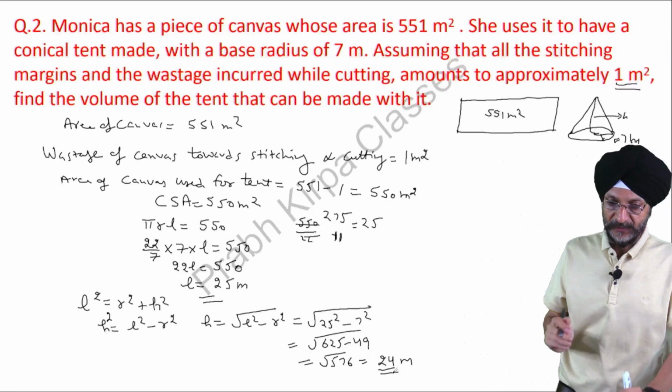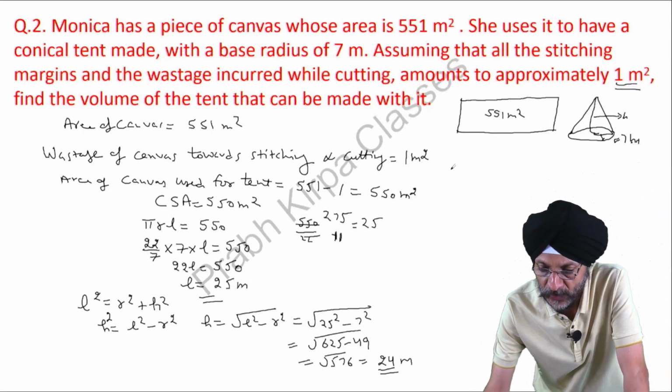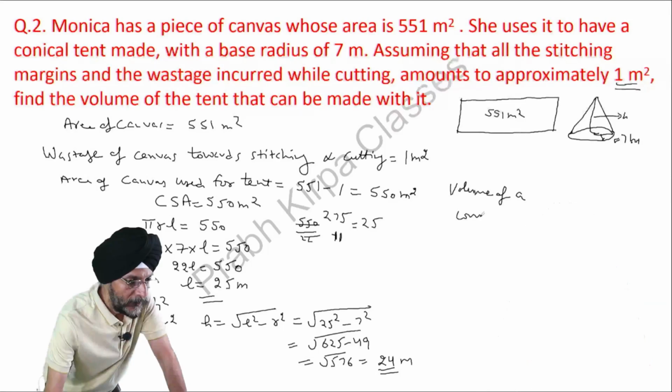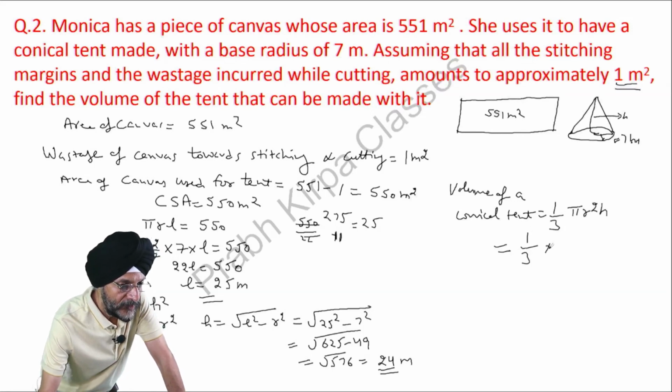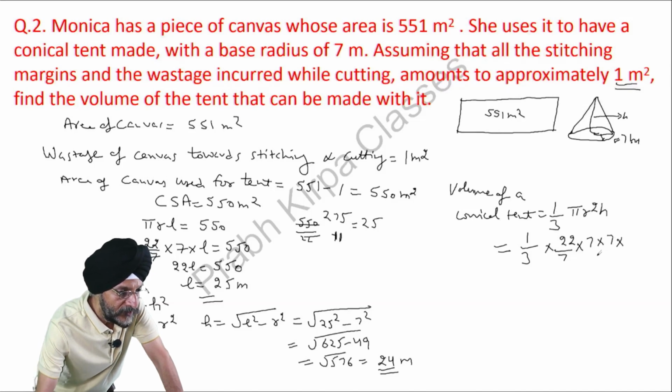Now we have before us the value of radius, the value of slant height, and the value of height. Now what is the formula for finding out the volume of the tent? The volume of a conical tent is equal to 1/3 pi r square h. 1/3, pi is 22/7, r square. What is the value of r? It is 7, 7 into 7. What is the value of h?